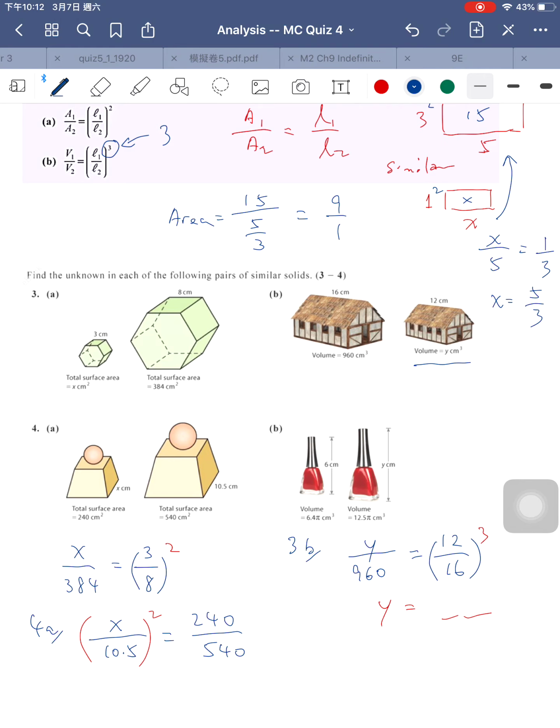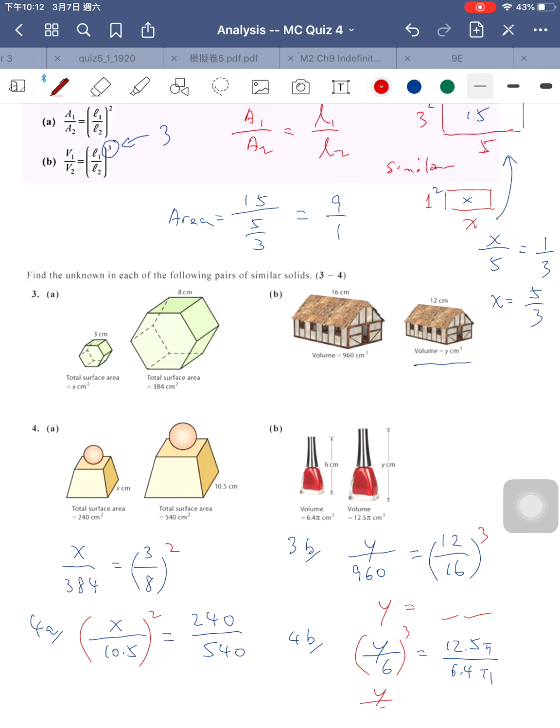And then for b, you're going to find out y, put it here over 6, and the corresponding volume, 0.55 and this one is 6.4 pi. And remember, you're talking about volume, so cubed.